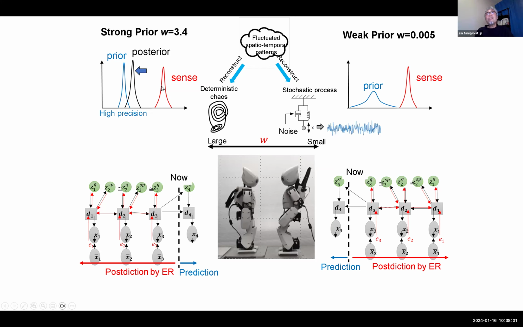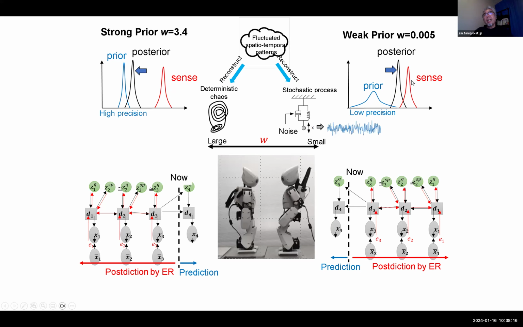On the other hand, when we set W small, the prior is low precision, so large sigma. That's why the posterior is attracted to the sensation.